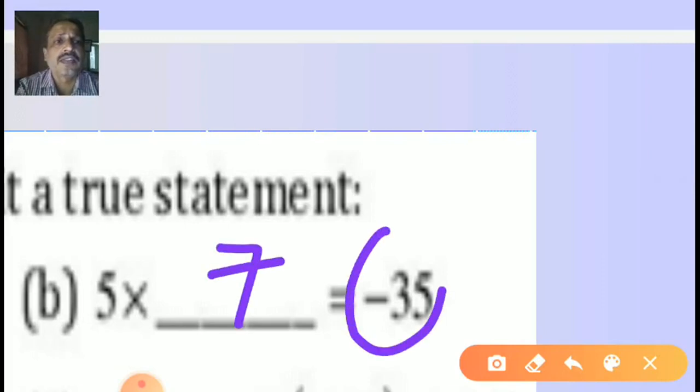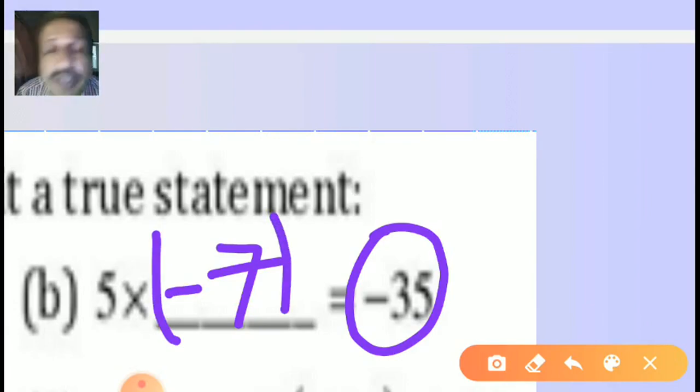But see, the answer is negative. Here on the left side both numbers are positive. Out of that, one number, 5, is already given. It's a positive number, and we found the answer 7. 7 means? Yes, minus 7. Now it's correct.